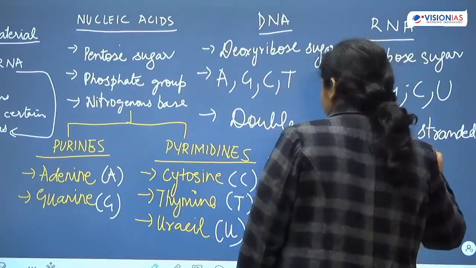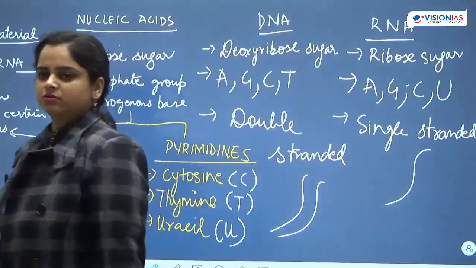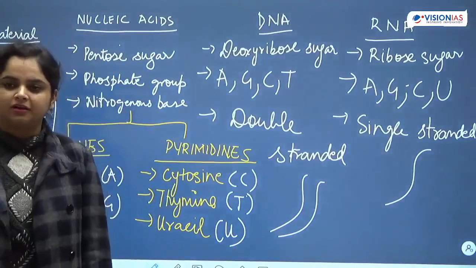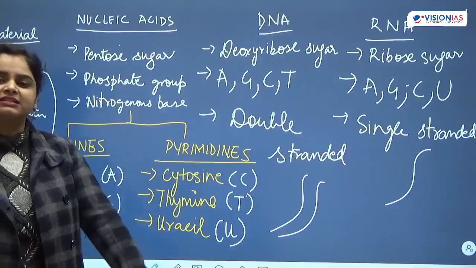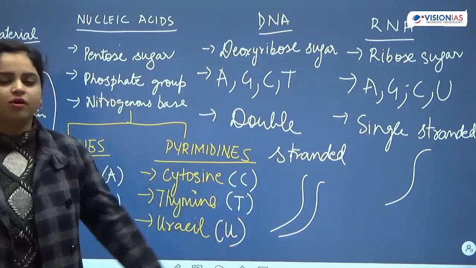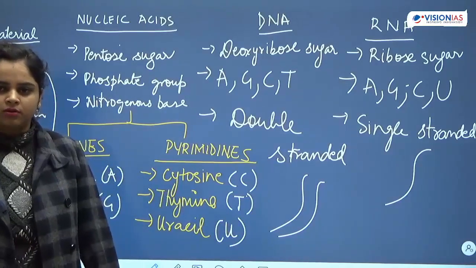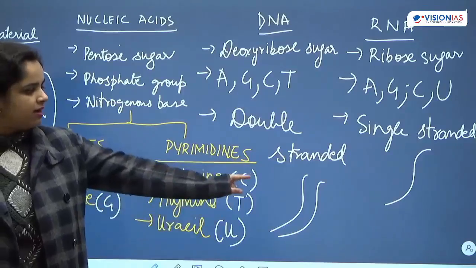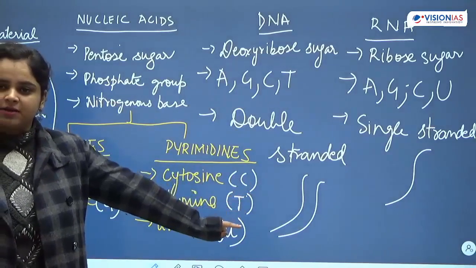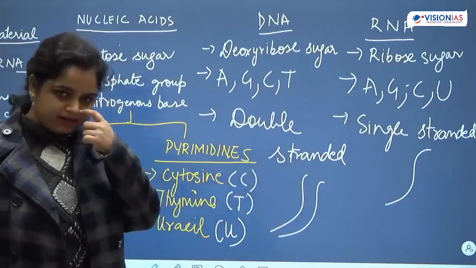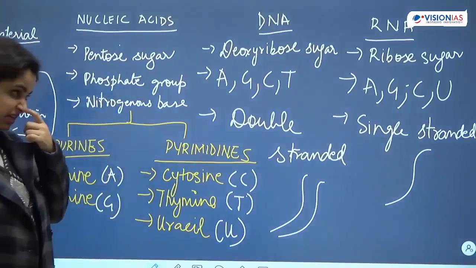That means in the form of a single ribbon-like structure. Now, this is not a 100% rule. In nature, there are always exceptions. So, we have exceptions of this rule not being followed. You have single-stranded DNA in some examples and double-stranded RNA in some examples. Though very rare, it can be possible.